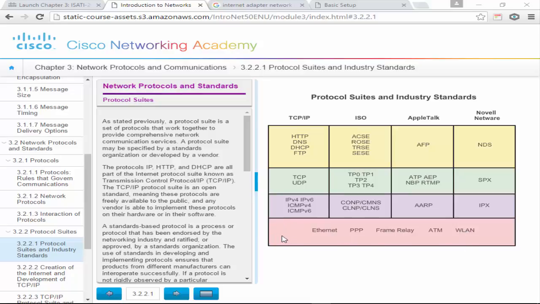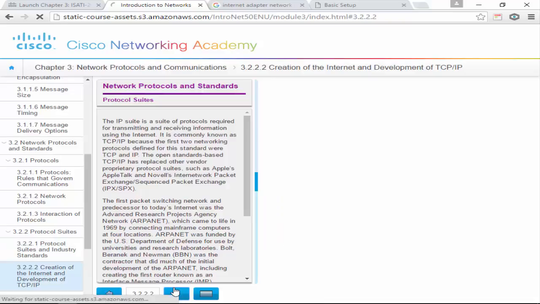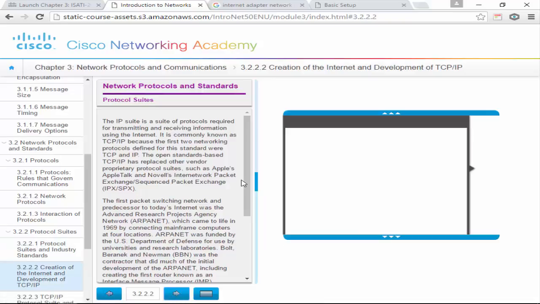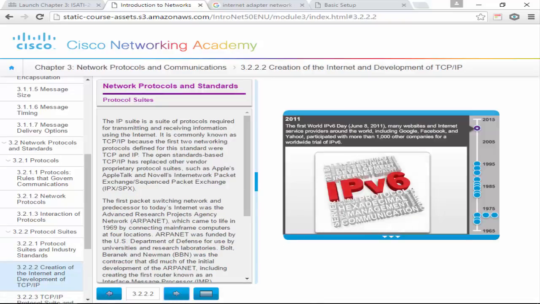These are all layer 2 encapsulations that we still use. But as for that, we just care about TCP/IP. I don't dwell too much on this other stuff. Here it goes through a history of all of the protocol suites. If you're interested, it's very interesting, so feel free to look through it.